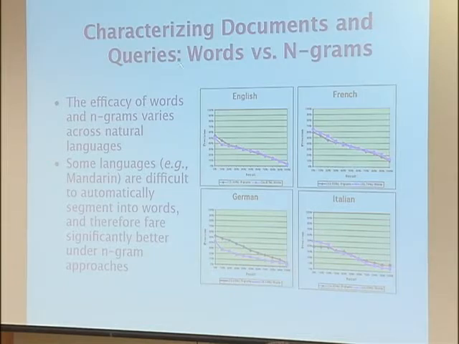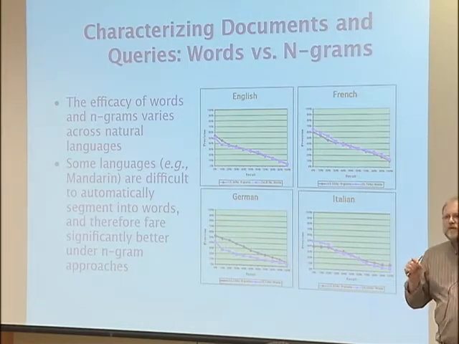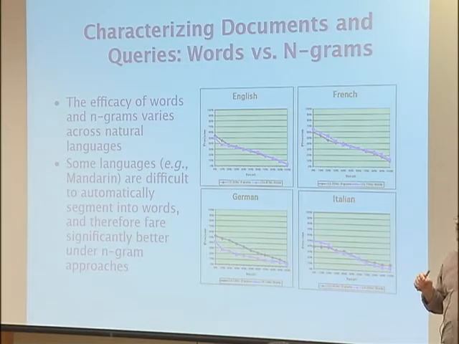And you can see that for English, French, and Italian, you get pretty much the same performance whether you use words or, in this case, 6-grams. Look at German here. This is unmodified words. This is character n-grams. There's a huge difference here, and that difference comes because you basically get free morphological analysis from n-grams that you don't with words.